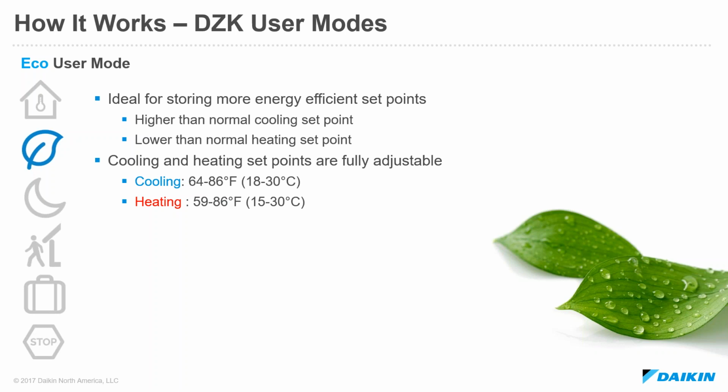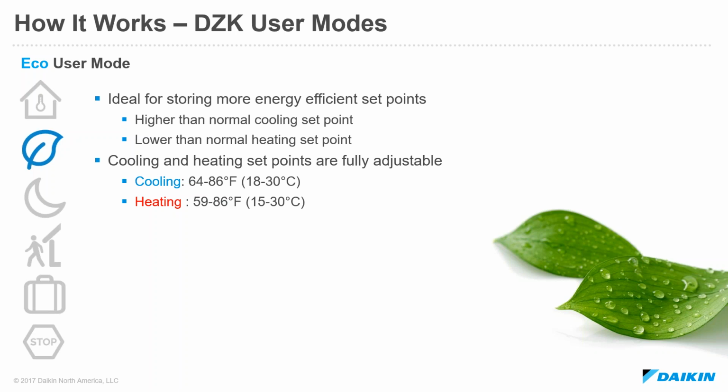So it's worth pointing out that the eco user mode adjusts some of these internal algorithms that control the indoor unit. Even though it seems as though the idea behind eco user mode is simply to store different set points, higher set points result in better energy performance and cooling operation.